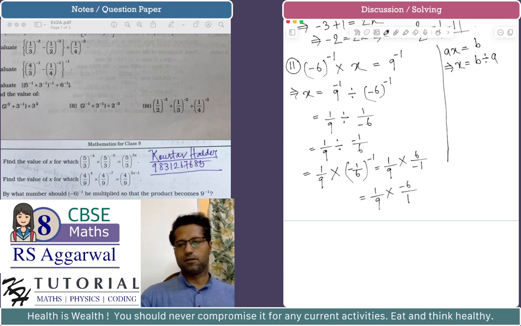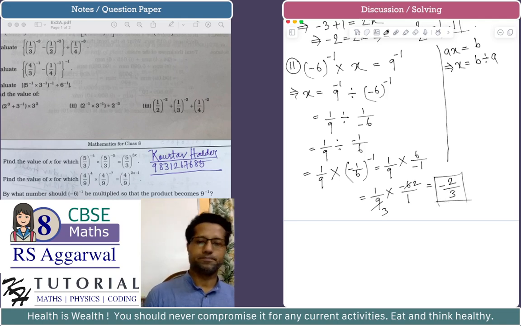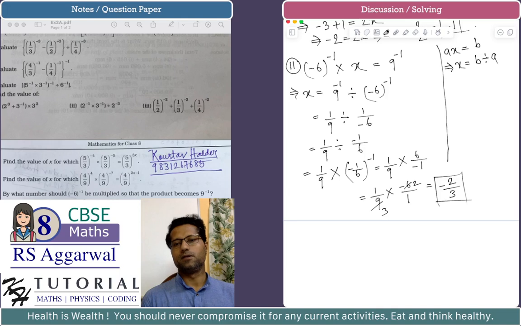If you cancel with 3, this is 3, this is 2, so this is equal to -2/3. So the number which needs to be multiplied with (-6)^(-1) to give the product 9^(-1) is -2/3.